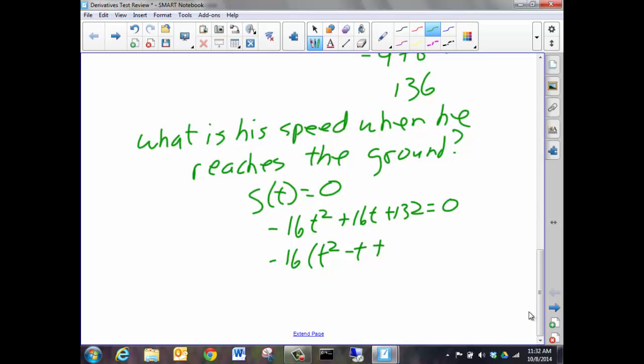That'd be 9, yeah, it's going to be 8 point something there. 8 1/4. Okay. t squared minus t plus 8.25 equals 0. So what would you do now? Oh, it would be minus 8.25. Why would it be minus 8.25, Nick? Took out a negative. Thank you, sir.